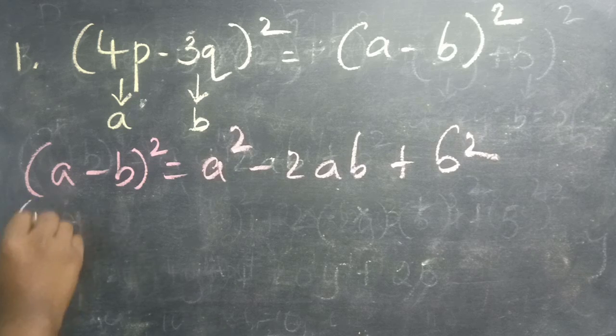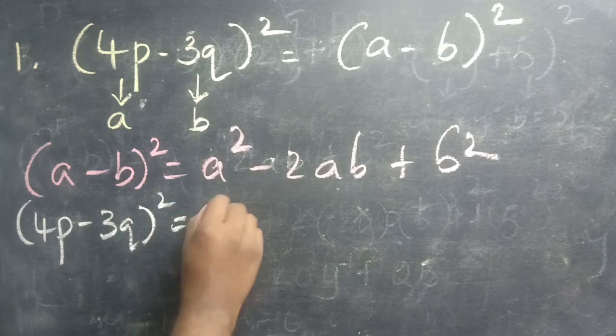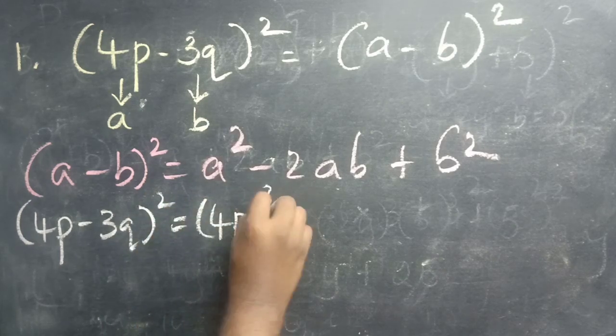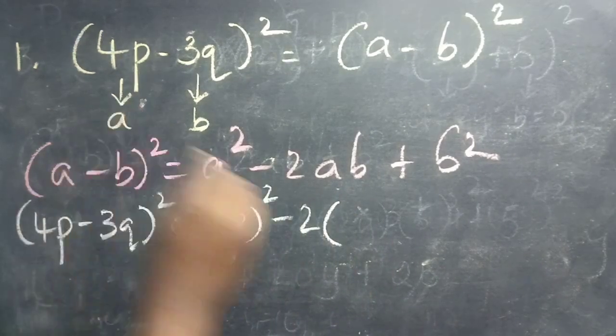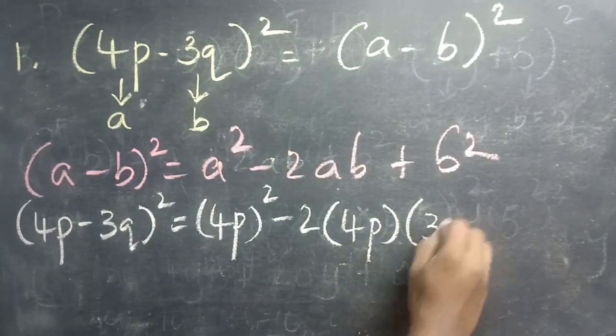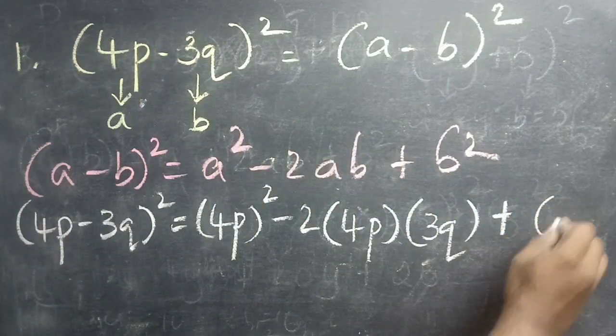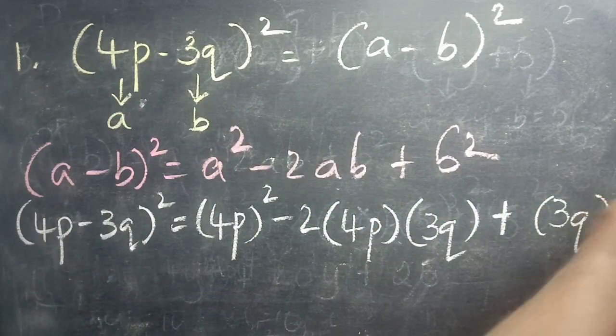What I get is 4p minus 3q whole square equals 4p whole square minus 2 times a is 4p, b is 3q plus b square is 3q whole square.